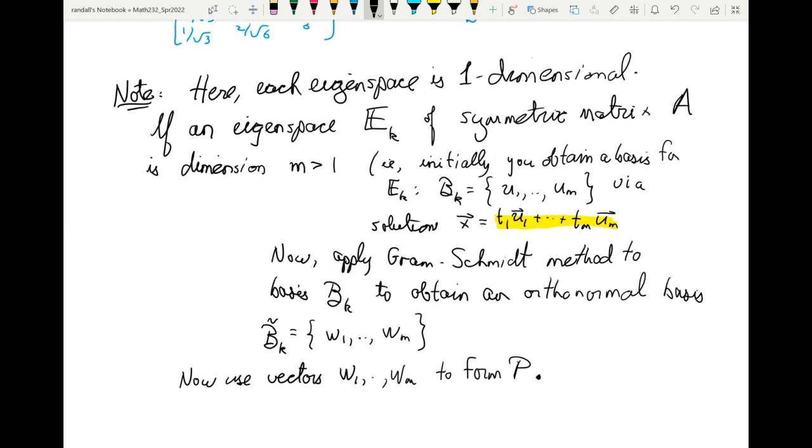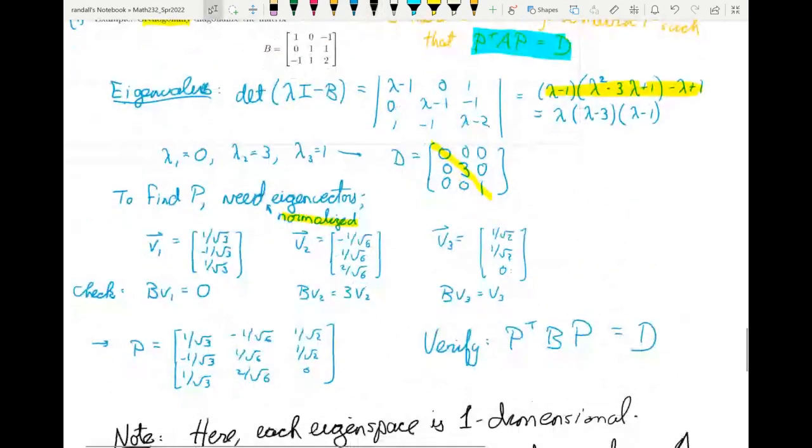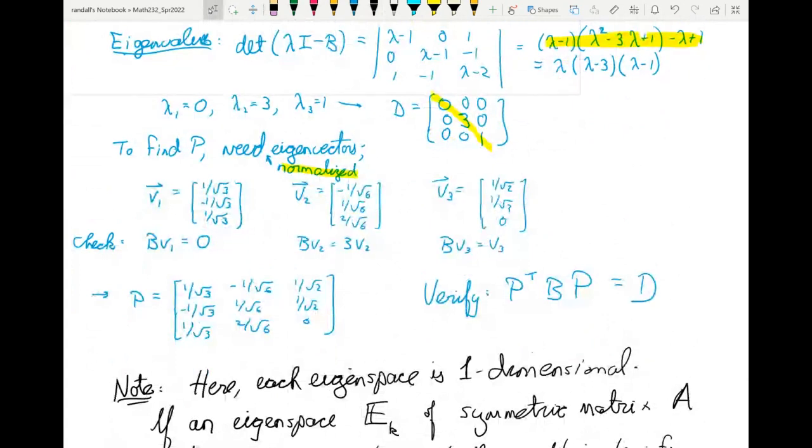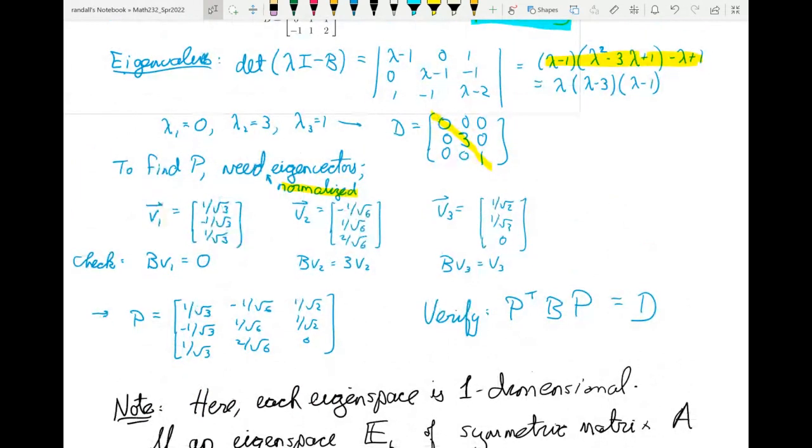If you orthogonally diagonalize, you have to do another step. You have to make sure your eigenvectors are orthonormal. In this previous 3x3 example, the three eigenspaces were one-dimensional, so I didn't have to do any work. I didn't have to do the Gram-Schmidt method.